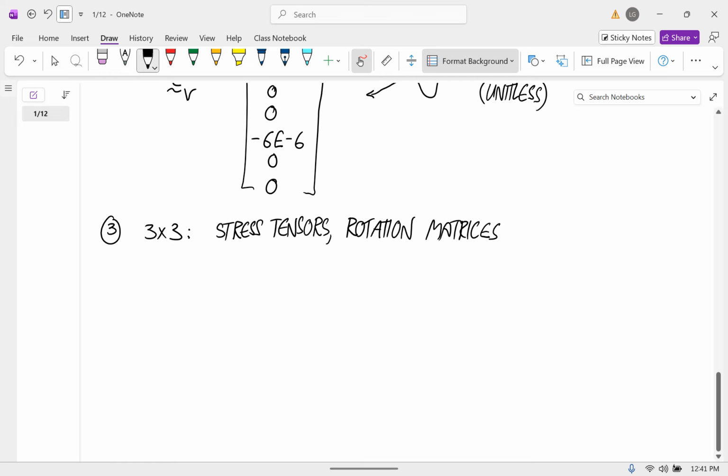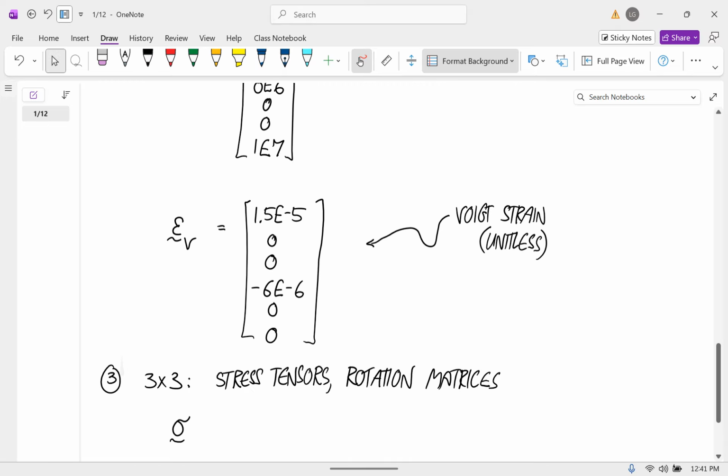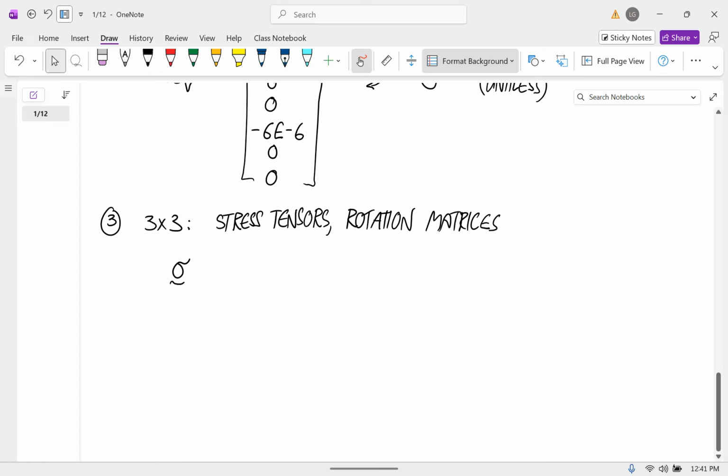So an example of a stress tensor, I'm going to use that Greek letter sigma again that I used for the Voigt stress, but I'm not going to put the V there. That V is for Voigt.